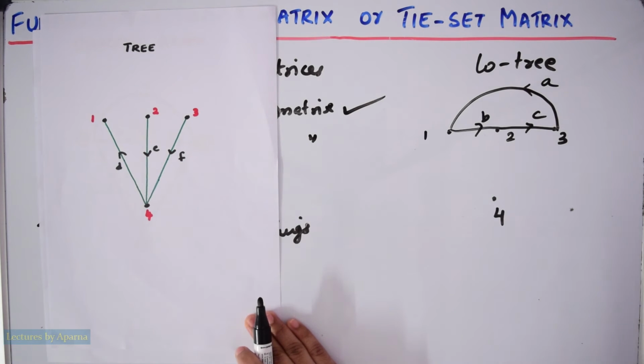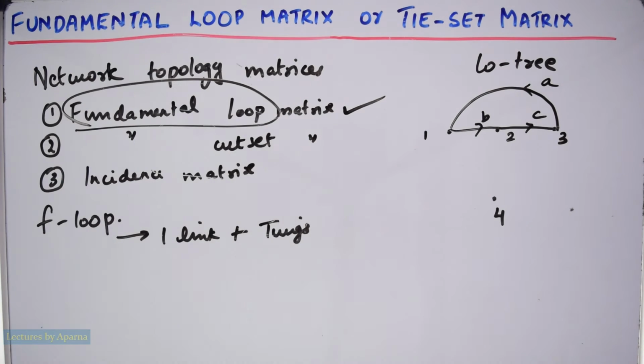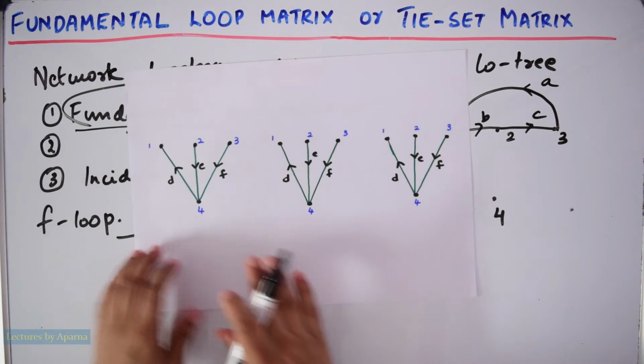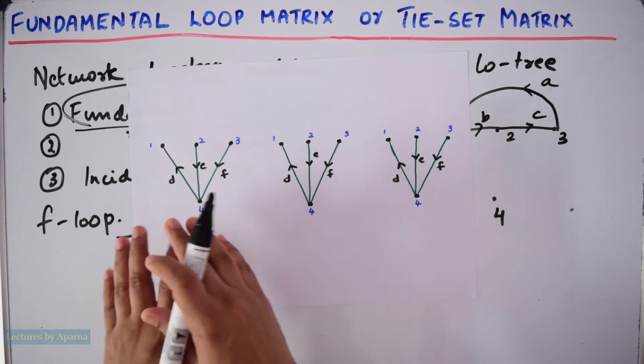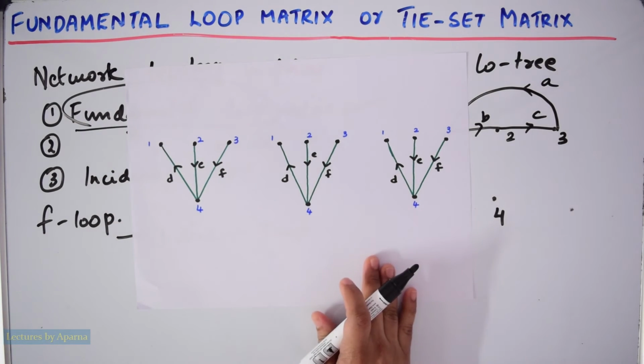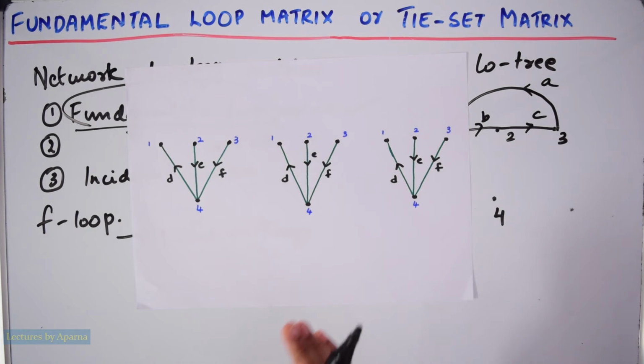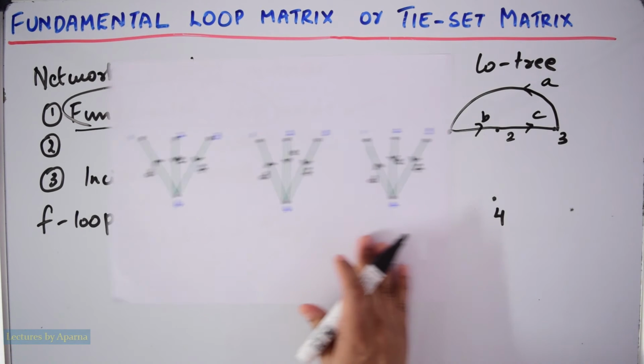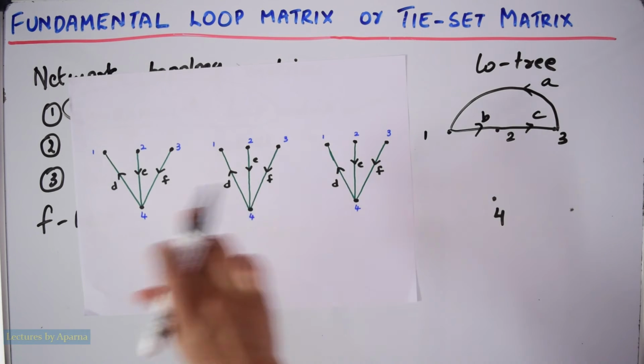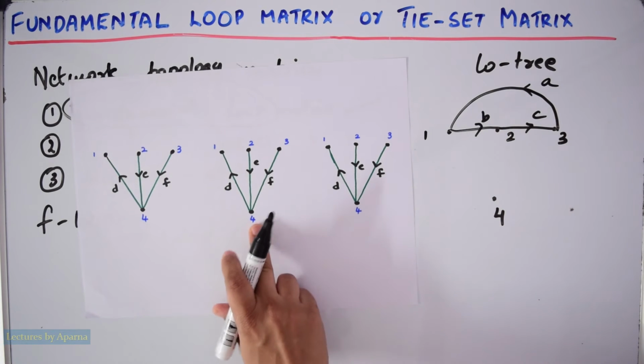Now to make the fundamental loop, we have to first consider the tree. So here I have drawn the tree 3 times. Now we are going to include one link at a time to each of these figures.